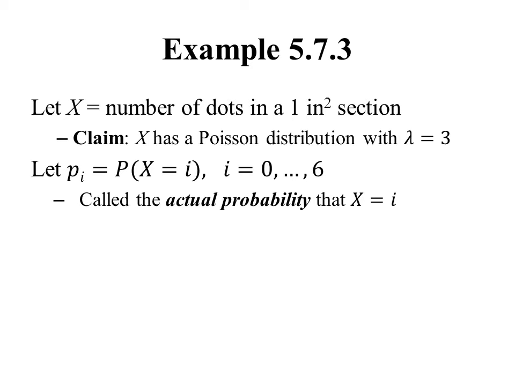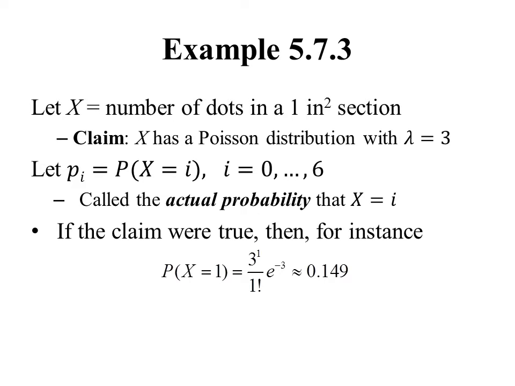Okay. So let's define some terms here. Let p sub i equal the probability that x equals i, where i is a number between 0 and 6. And we're going to call this number p sub i the actual probability that x equals i. Now, if the claim were true, meaning if x really did have a Poisson distribution with parameter lambda equals 3, then, for instance, the probability that x equals 1 is going to be equal to this.